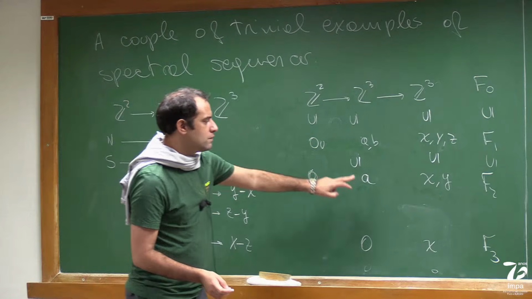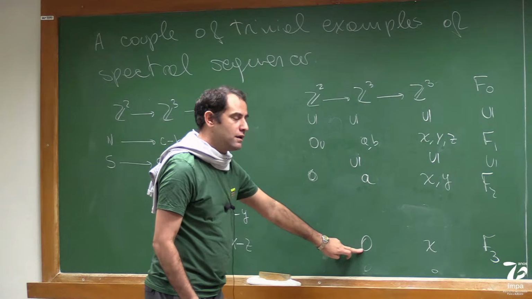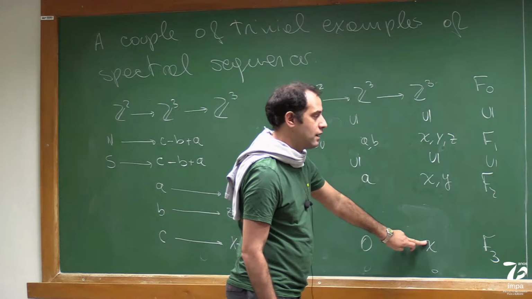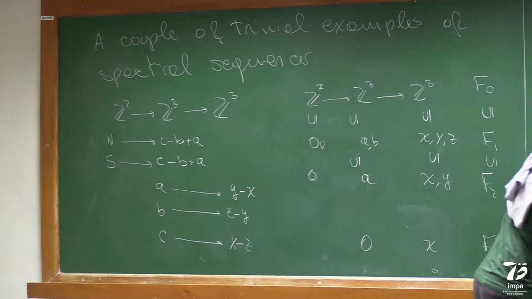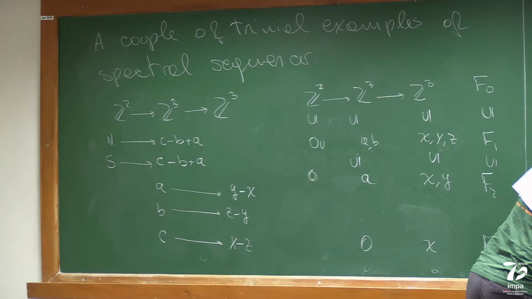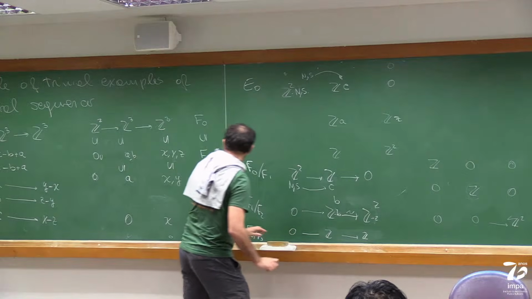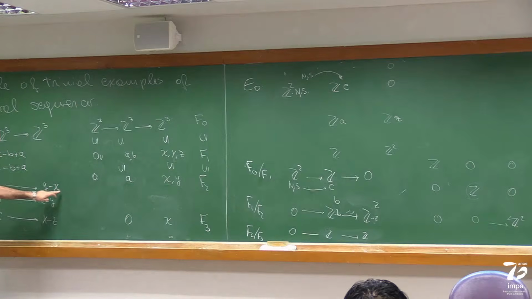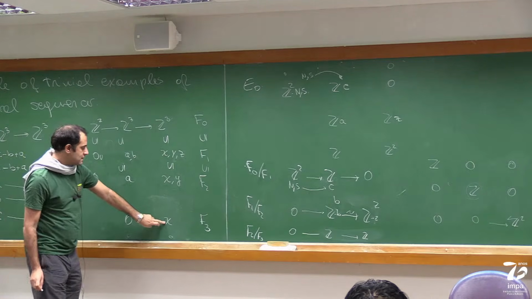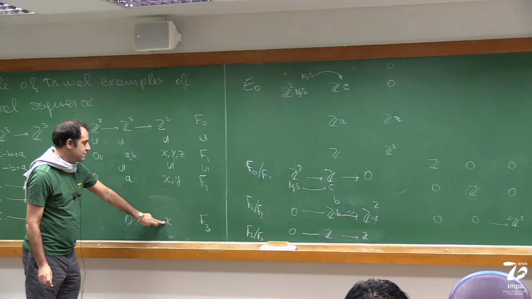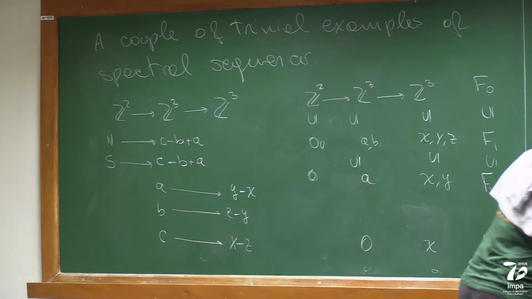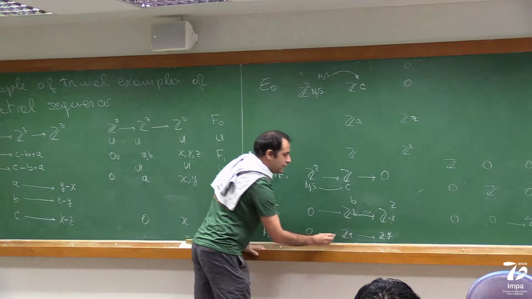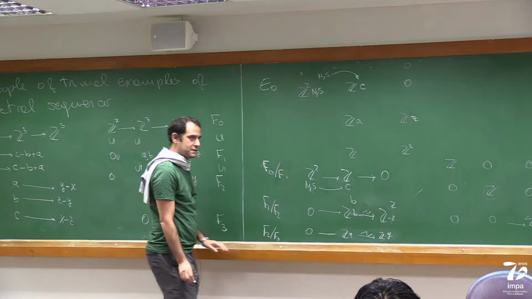So f2 modulo f3 has z in degree 1, z in degree 0, what survives in this guy is A, and the differential of A is y minus x, but x is deeper in the filtration, so y goes there, and A is here, and this is again an isomorphism.